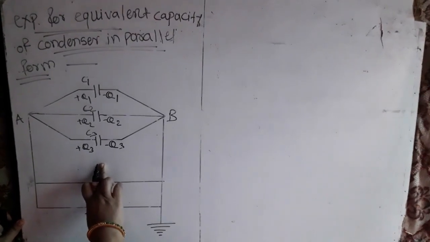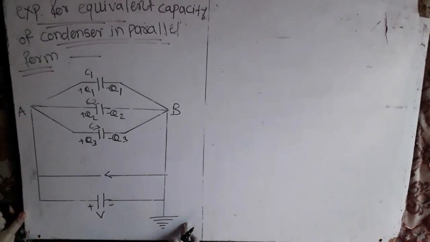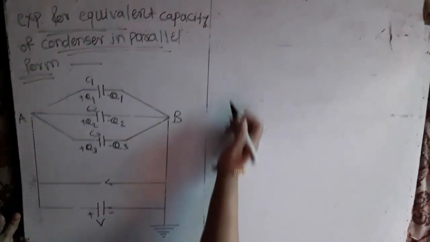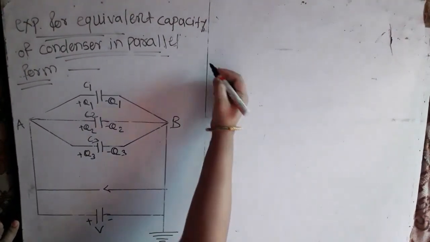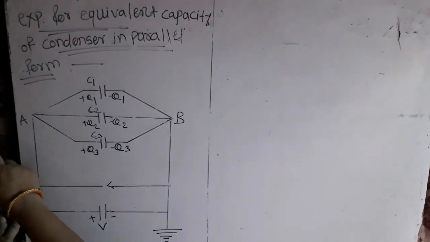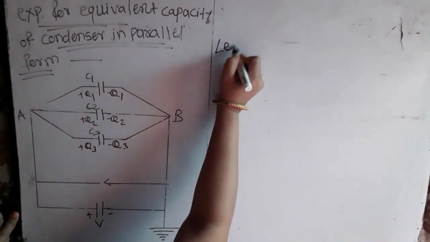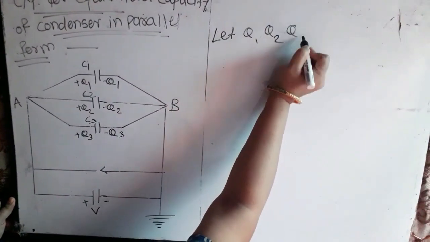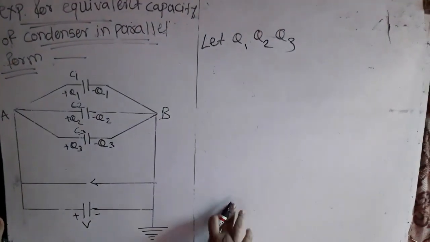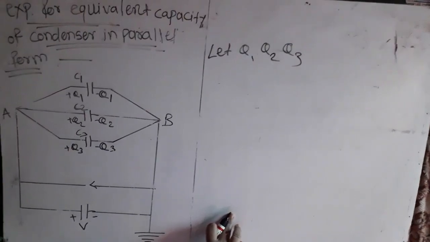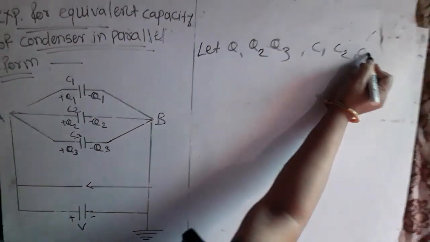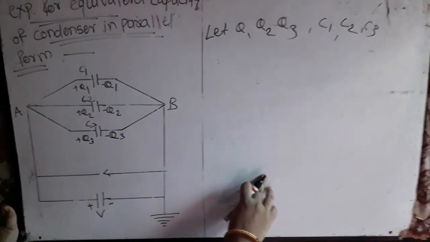Now Q be the total charge of all the cells, and let Q1, Q2 and Q3 be the charges across the condensers C1, C2, C3.